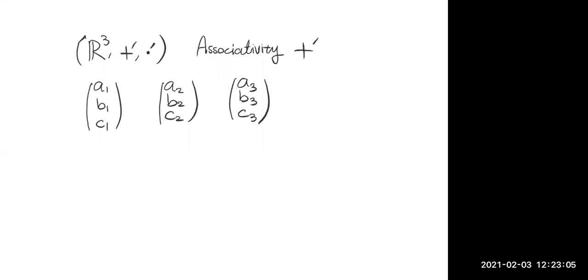What would happen if I add the first two vectors first and then add the third one? So what I should do is I should first compute this first addition, and all of them are with prime. So what would I get?